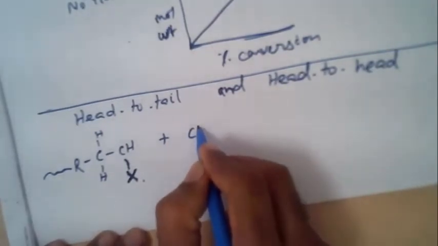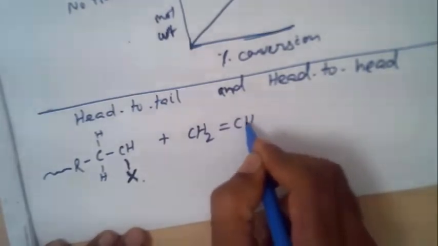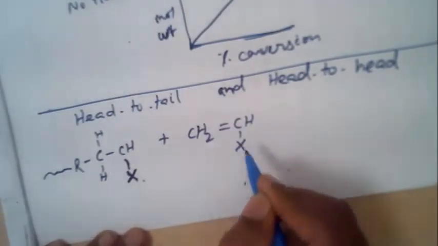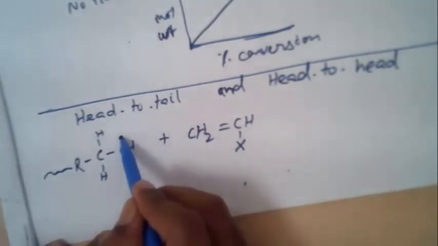In this case, we have CH2, CH and X. Let's say you have a dot here.